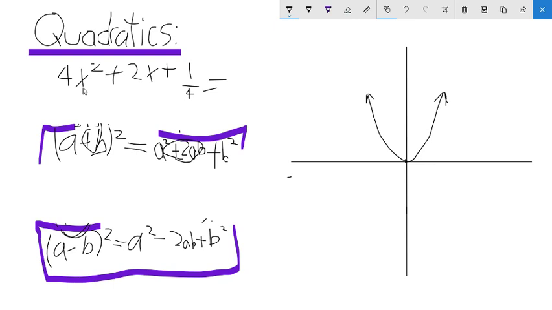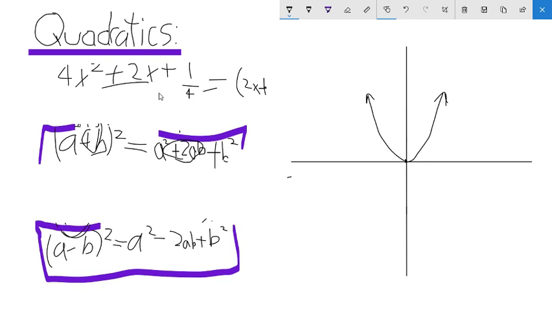So let's see, if we plug this in, we know that this is plus and plus, so we know to use this formula right here, the first one. So we know that a equals 2x because the square root of 4x squared is just 2x. So then we can go ahead and write 2x and plus, because the sign right here is a plus.